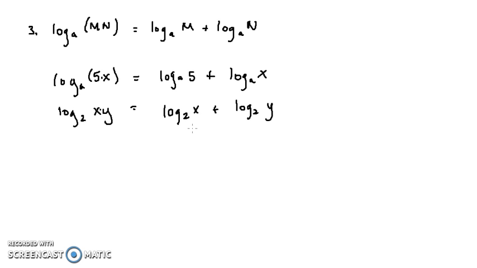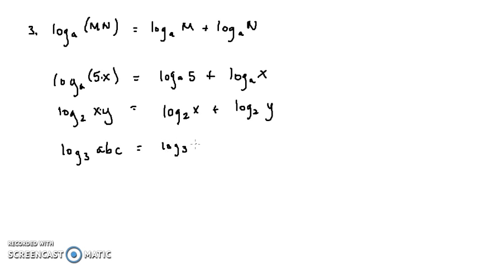The cool thing is that we can do this multiple times, because for however many products we have, we can break it into sums. So let's say we have log base 3 of a times b times c. I know that I can break up the a and the bc, and then I can break up the bc, so I can actually break these all up in one step.